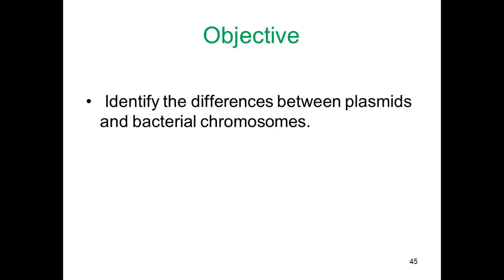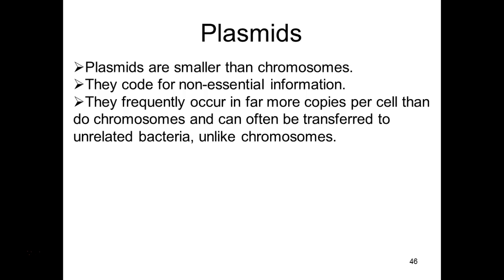It's usually circular. It's much smaller than the chromosome. It's still DNA, though. But it codes for non-essential information, which means they don't absolutely have to have it normally to live, unless you do something mean like we do in the lab and grow it in the presence of antibiotics. So it has to keep its antibiotic-resistant plasmid.